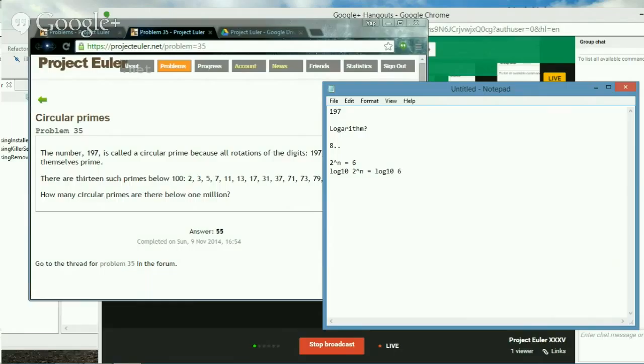There's a law in logarithm: log of A to the power n can be expressed as n times log A. By using this formula, the value for n can be found very easily by using log.